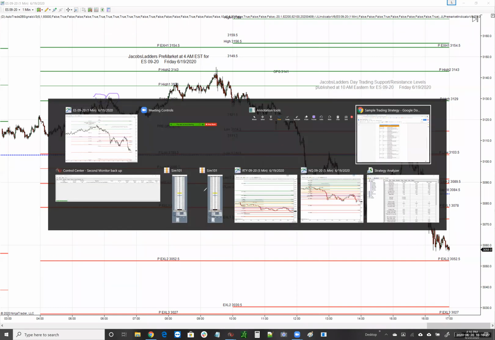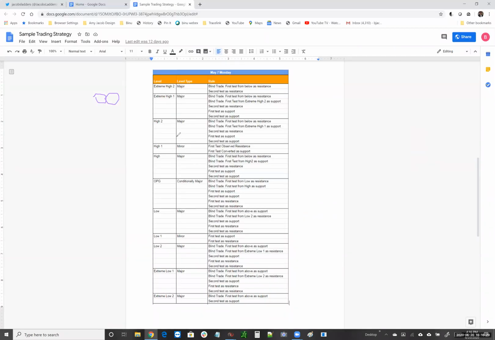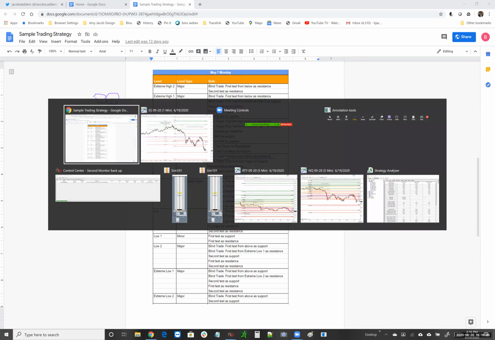To compare against that, I have this list of all my levels, and here I call it the blind test. A blind trade means the first test from below as resistance, and then the second test is continued resistance, because the price is revisiting there and it is still exhibiting resistance.